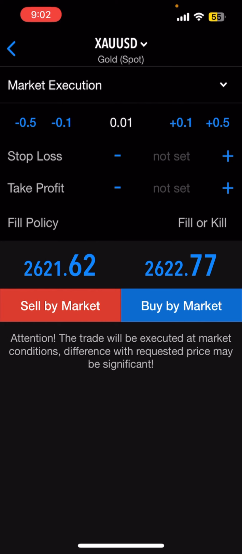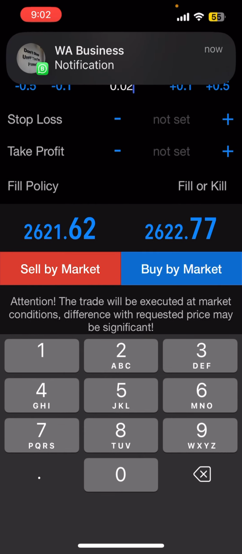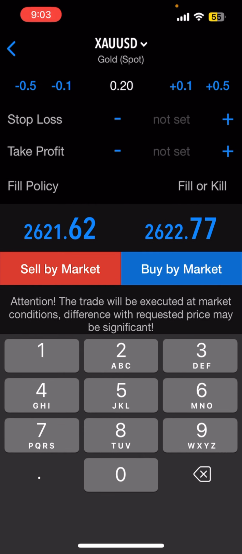A pip is 10 movements of the little line that is moving. Every time I move 10 spaces, you get 10 cents essentially. So if you add this here to 20, you would then be getting 20 cents per pip. So think about it as cents.